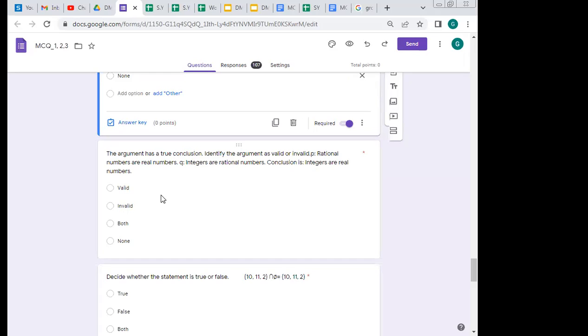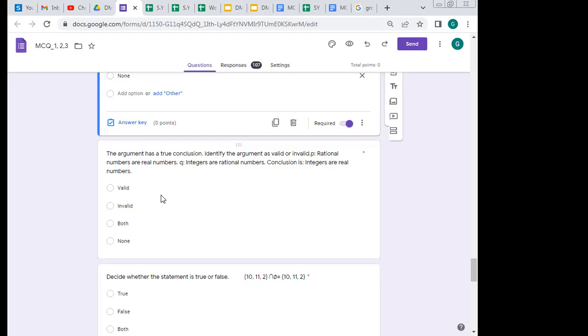You have to put it down. Okay. Using rules of inference, you can do this. Just take out your pen and paper. Yes. Rational numbers are real numbers and integers are rational numbers.